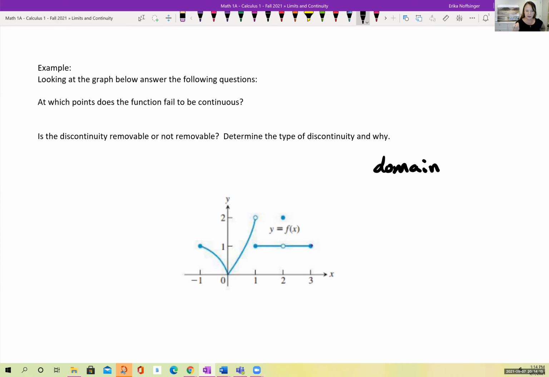And notice our domain, remember, are all our x values that we're using in this case on our graph. And so notice the smallest x value we have is -1, and there's a solid circle there. So we're going to include -1 as part of that.